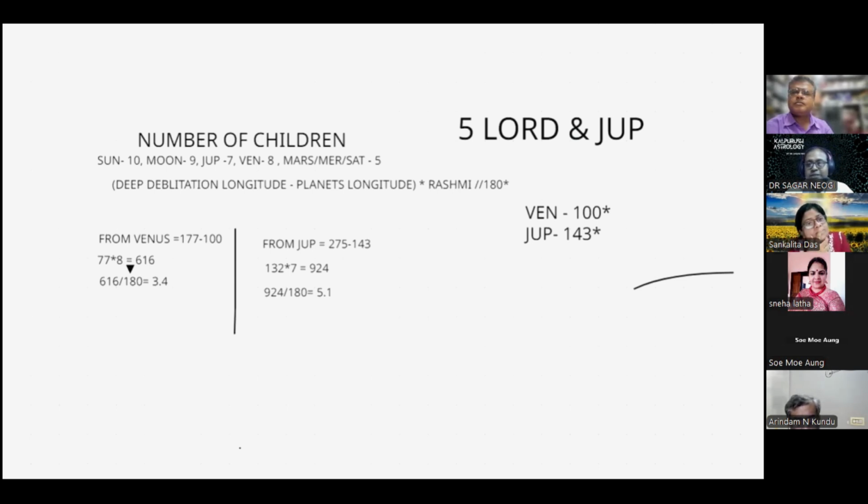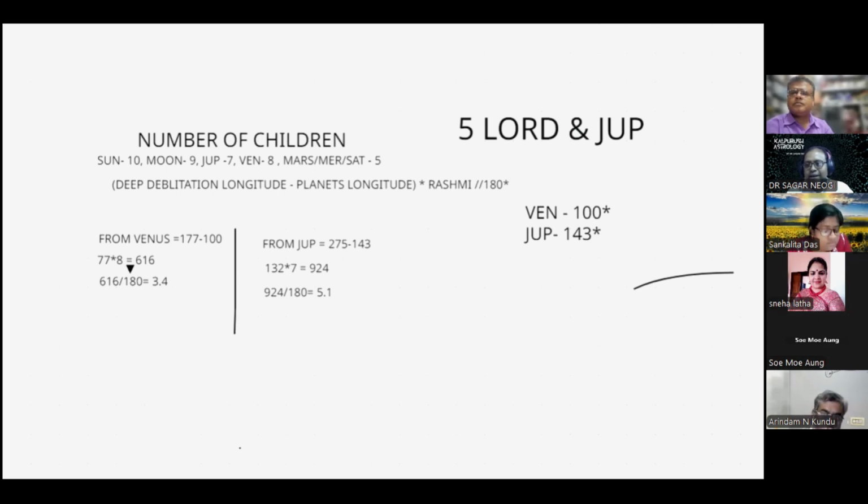Suppose Jupiter is placed in the enemy sign, then this 5.1 should be multiplied. It will be 1/6 of the Rashmi given. The Rashmi given is 7. So we have to multiply 7 into 5 by 16. Parashara said it, right?